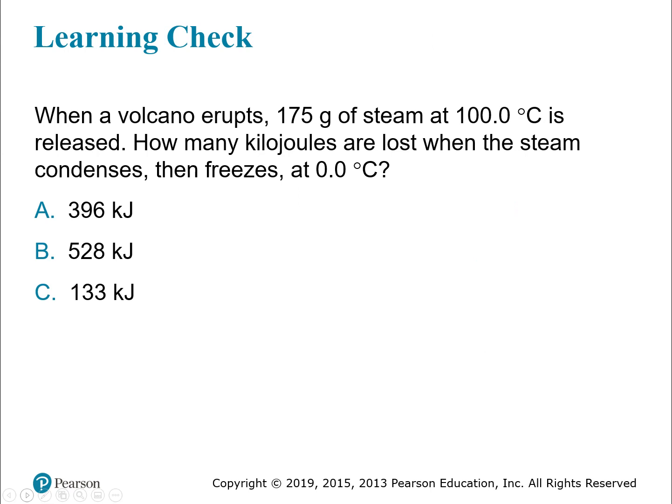When a volcano erupts, 175 grams of steam at 100 degrees Celsius is released. How many kilojoules are lost when the steam condenses and then freezes at 0 degrees Celsius? I always recommend drawing out what's going on.